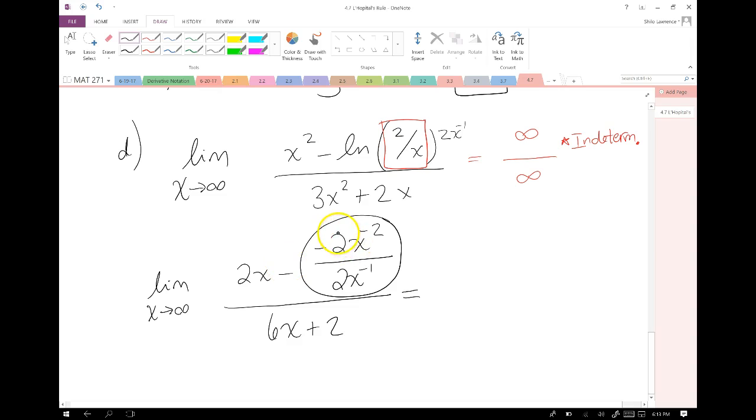So first of all, those 2's will cancel. The negative's not going to cancel, but the 2's will cancel. And if we simplify the x to the negative 2 over x to the negative 1, first of all, the negatives mean that they want to be moved. So this is going to flip-flop to x to the first over x squared. And we can get rid of the negatives if we flip them.